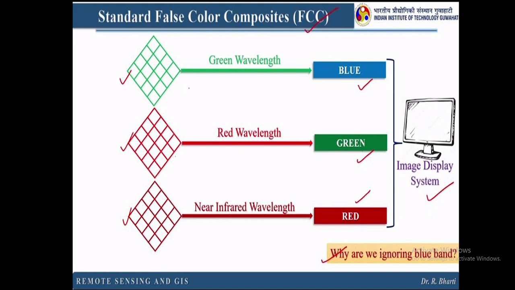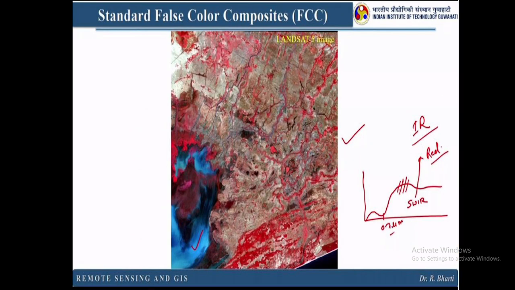That is, green changes to blue, red changes to green, and near infrared changes to red. Why are we ignoring the blue band? Because in the standard false color composite, blue color represents water bodies, lakes, streams and river areas.